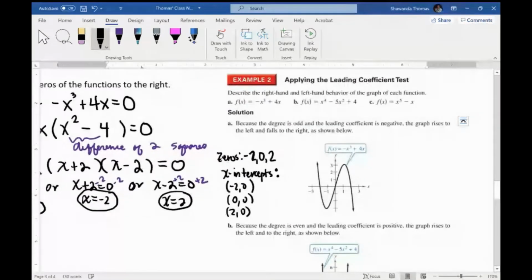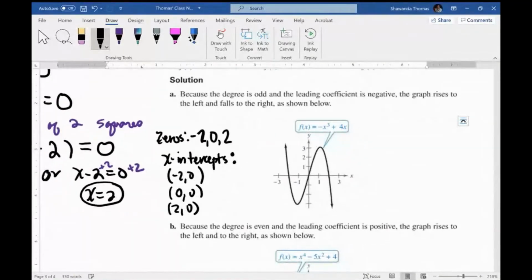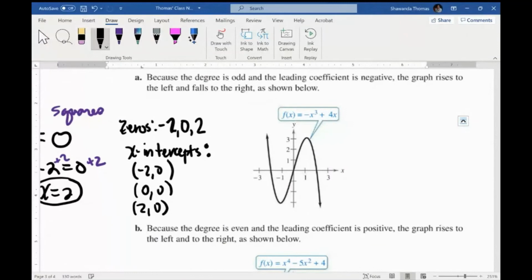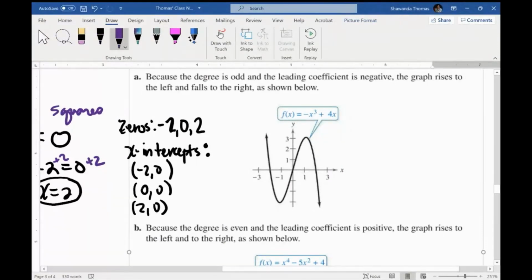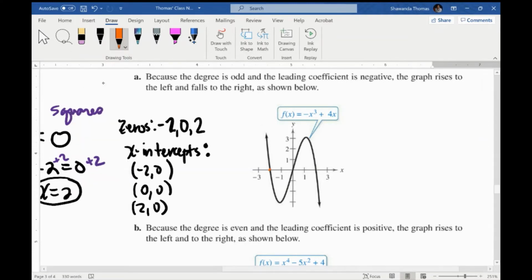So I'm going to blow up the graph that's already here of A. Y'all notice that it's rising on the left and falling to the right, like we said. All right. And what is this point? The x-intercept.